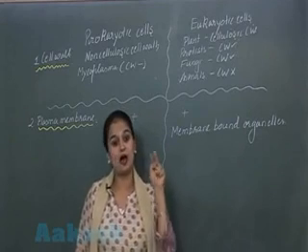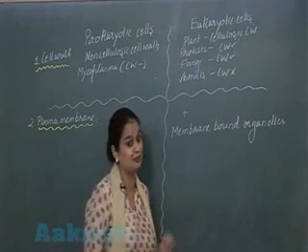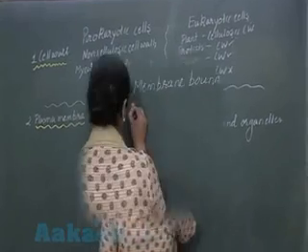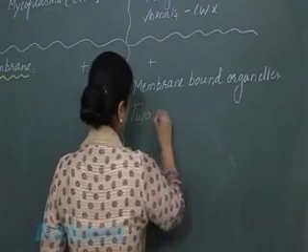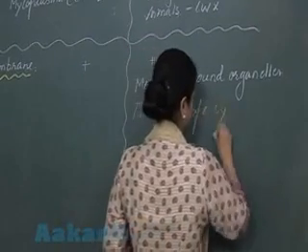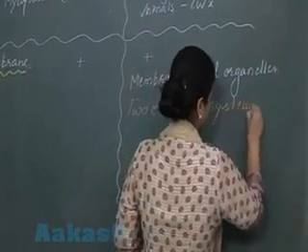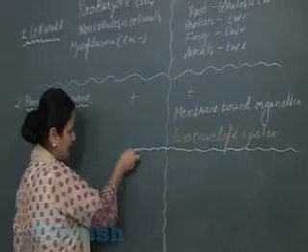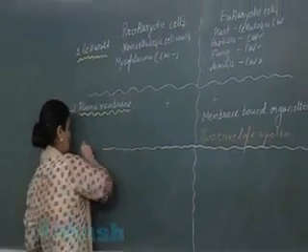There is presence of a double membrane system, and this double membrane system can simply be known as the two envelope system, right? But let's see what the scenario is in the case of the prokaryotes.